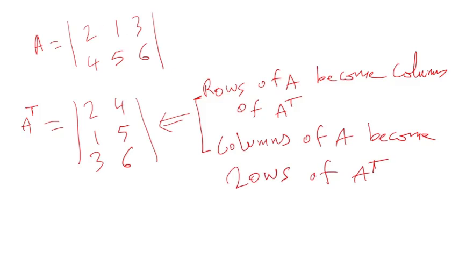So if you see here, here's one row, 2, 1, 3, it became a column of A transpose. The second row of A, 4, 5, 6, became the second column of A transpose, 4, 5, 6.